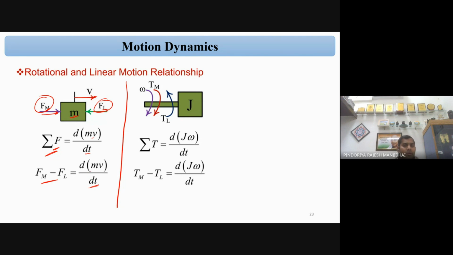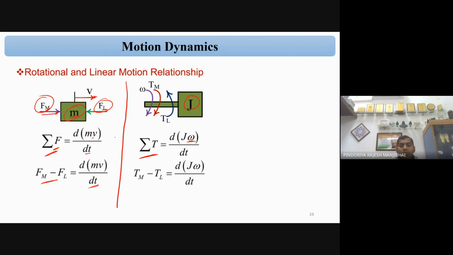Same thing we can apply for rotational motion, correct? So m is replaced by J. We just replicate the linear motion for a rotational motor. This is the load torque, moving in the anti-clockwise direction. The motor torque is rotating in the clockwise direction, and this is your speed, rotating in the same direction as the motor torque. Again we can write the equation: the summation of torque is equal to d by dt into J omega.